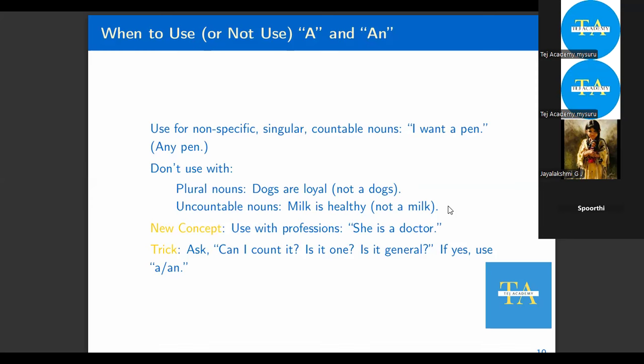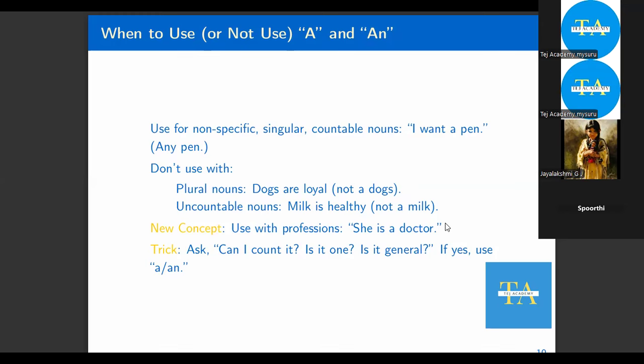So in such kind of universal truths or general statements, the possibility of using any article will be very less, or in most of the cases, there is no need of using an article.